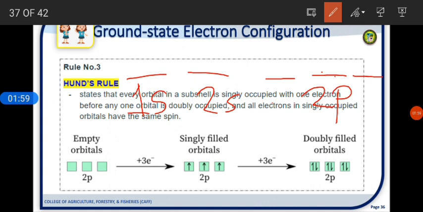This is 2p. So we have an atomic number of 7, and that means we also need to plot 7 electrons. And remember, we will use arrows in filling in the electrons because arrows represent the electrons. Okay, say for example, these are our orbital subshells, the 1s, 2s, and 2p.